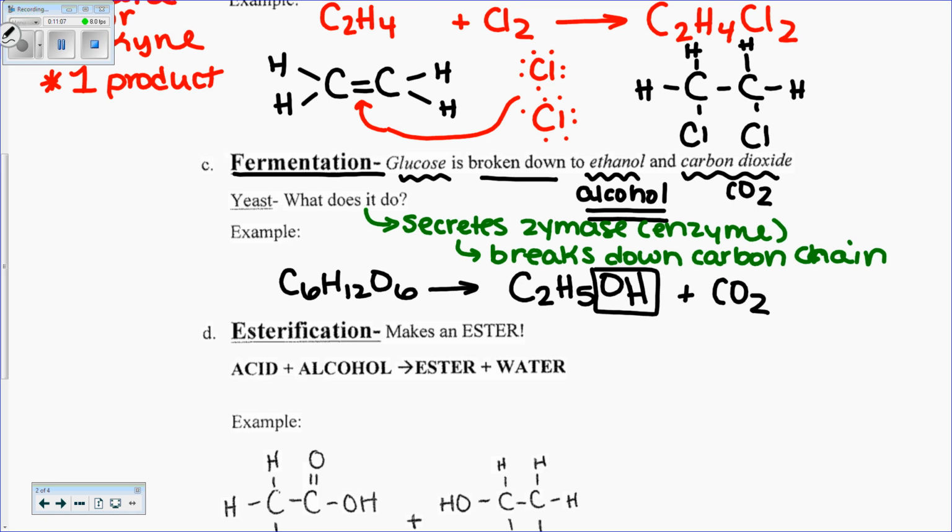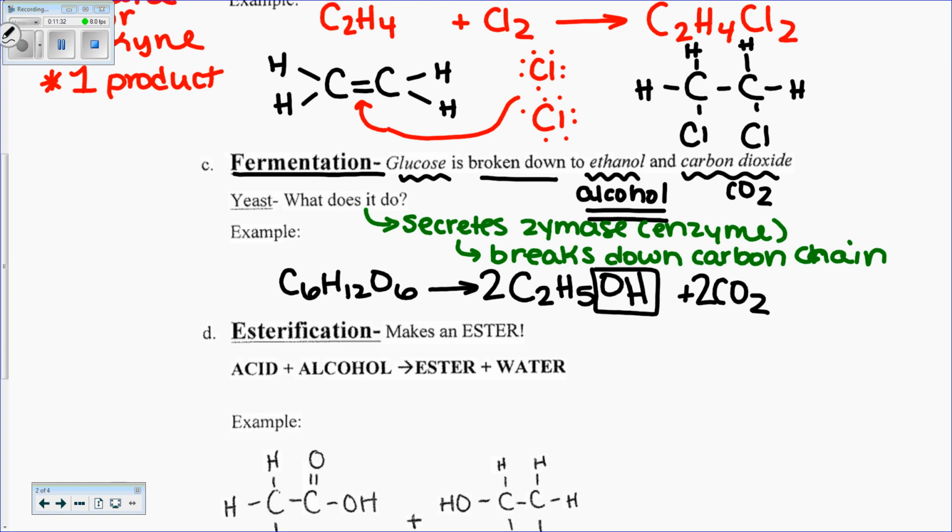I would then want to balance this equation. To balance this equation, I have 12 H's and 12 H's. I've got to balance my O's. I have 4 here, 2 there. Yep, because I have 2 over there. So now everything would be balanced. So fermentation makes alcohol.